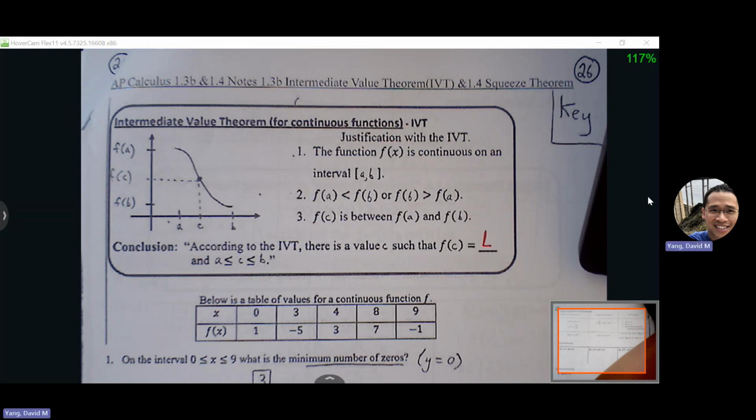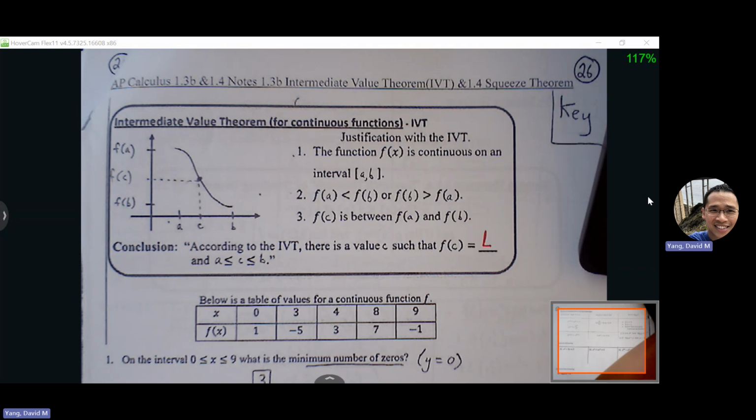Now let's say that we wanted to find a y value that sits between f(a) and f(b). According to IVT, there is a value c such that f of c is equal to that targeted value, as long as c is between a and b.